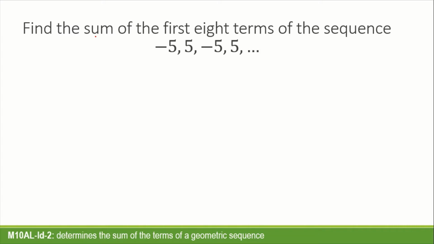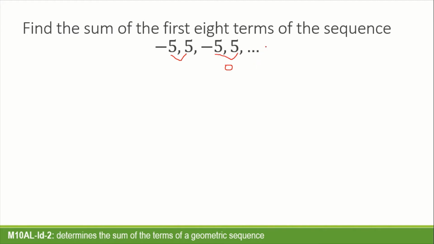Kasi hinahanap natin yung sum of the first 8 terms. So, pwede nating i-analyze muna. Since 8 terms yung sequence, kapag pinagpares natin itong terms na tigda-dalawa, negative 5 plus 5, this is 0. Tapos negative 5, 5, this is also 0.